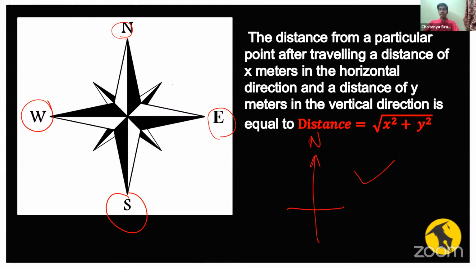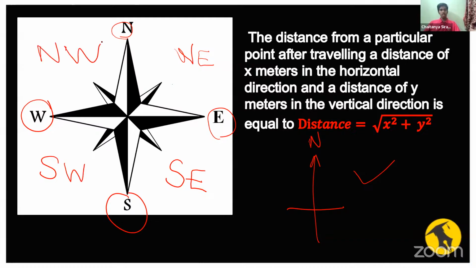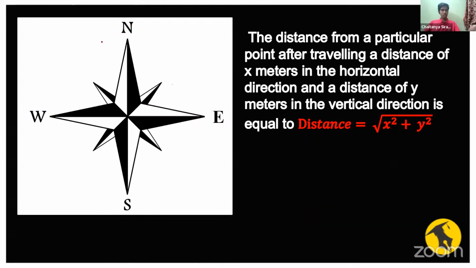There may be questions related to four more directions. Between north and east, we have northeast. Between south and east, we have southeast, southwest, and northwest. These will be four very crucial directions as well. One more thing: one should also know which is the left side for each direction.